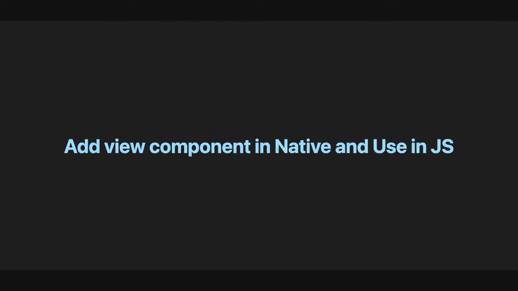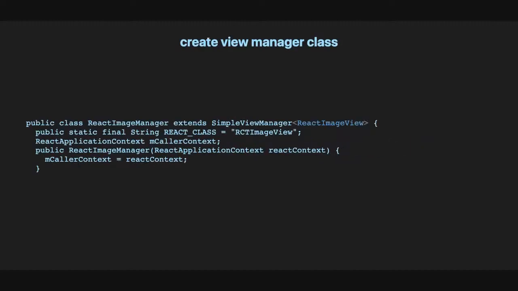Let's say we already have an application and want to use the same native UI, import it and use this view component in the React component. So this is a view manager class, a custom class which we have defined, the React image view, of type SimpleViewManager.